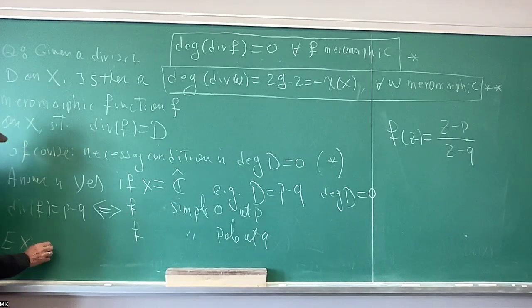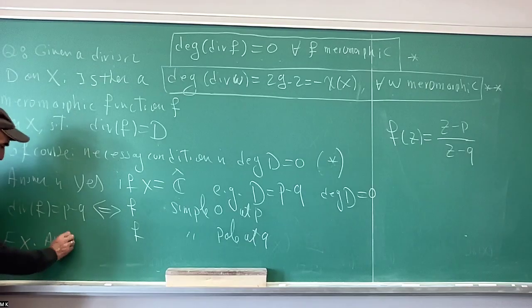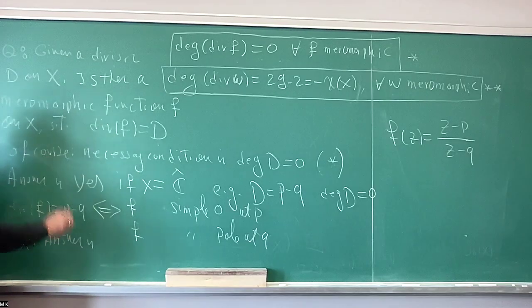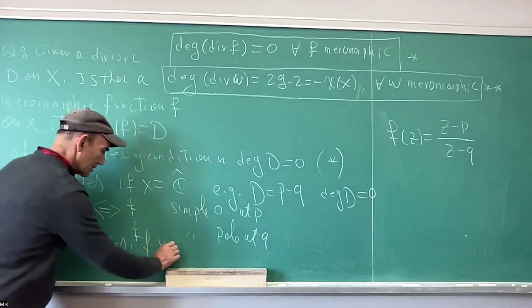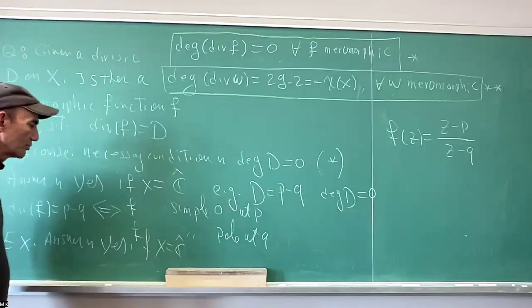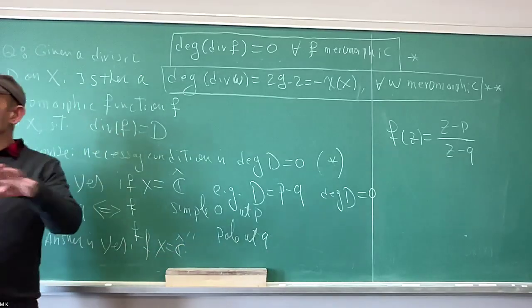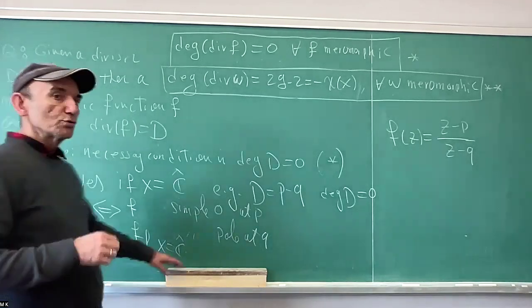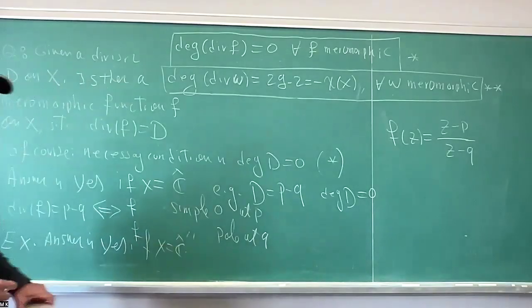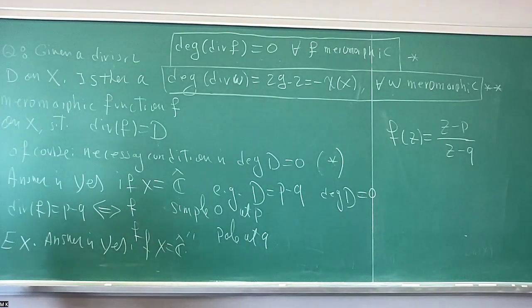So if X is equal to C hat, take any system of points where the sum of degrees is 0, then there exists a rational function with only those zeros and poles of those given orders. That's quite elementary. But if you go one genus up, then things start getting extremely complicated.